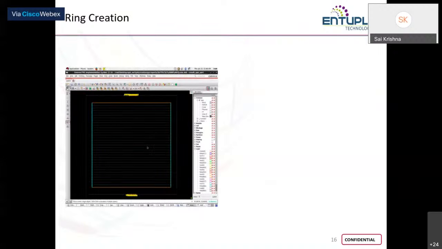So as you can see, this is how your ring is created. The series of horizontal lines that you can see here at the center are your standard cell rows, and each standard cell row is equidistant.